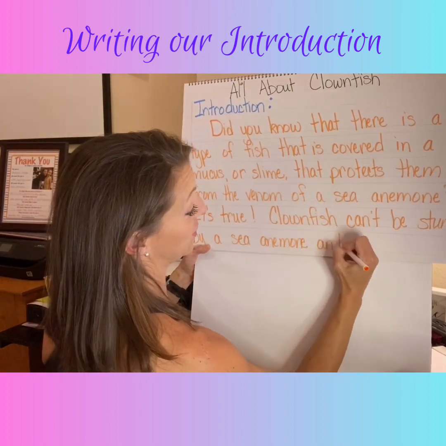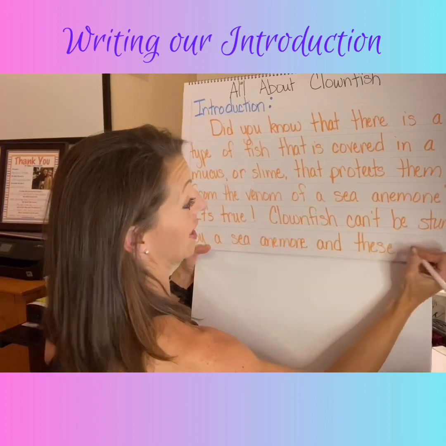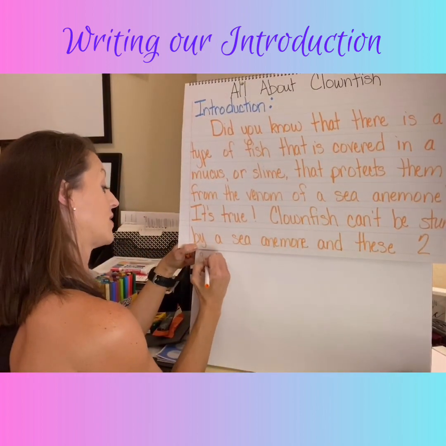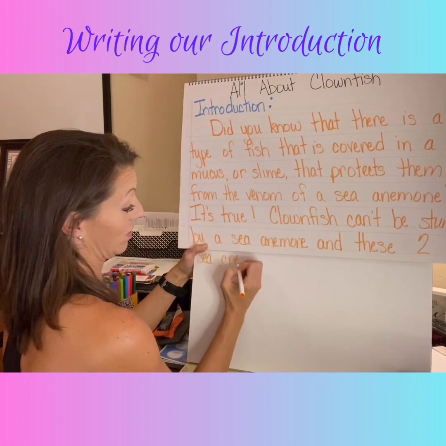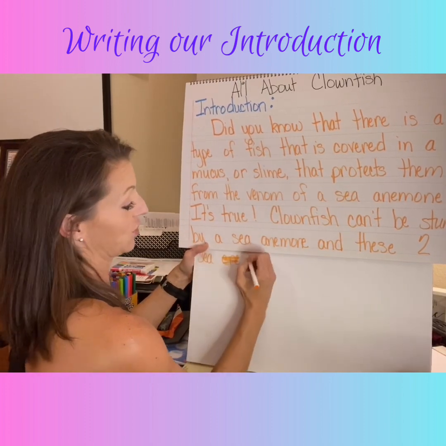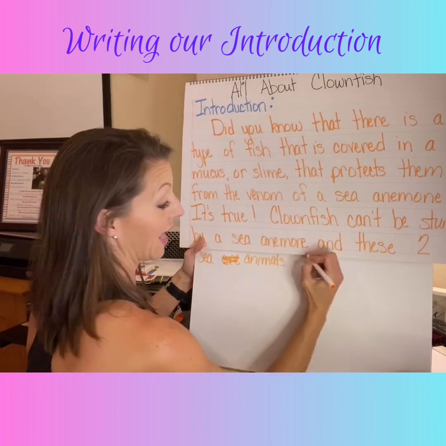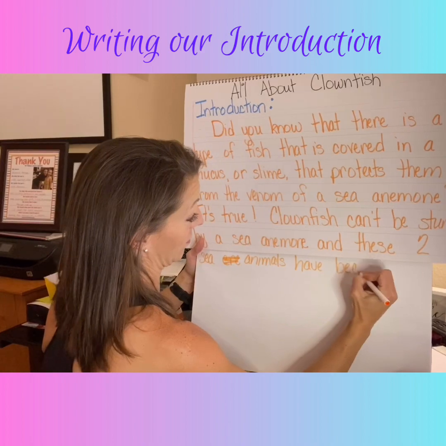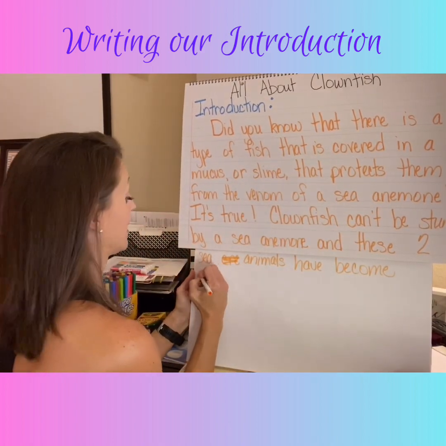And these two sea creatures, I'm going to run out of room. I have to go on to this other paper, but that's okay. These two sea creatures, you know what? Instead of sea creatures, I'm going to put sea animals. Oh no, creatures is kind of weird. Animals have become roommates.